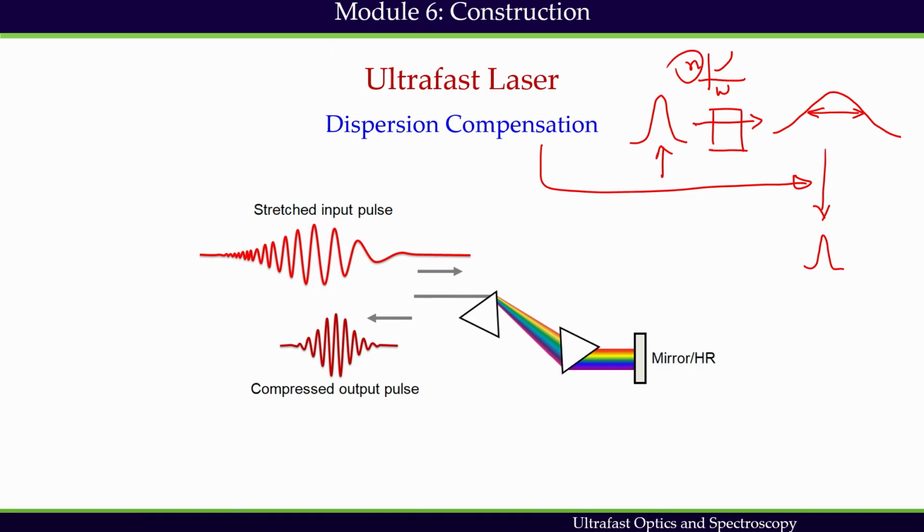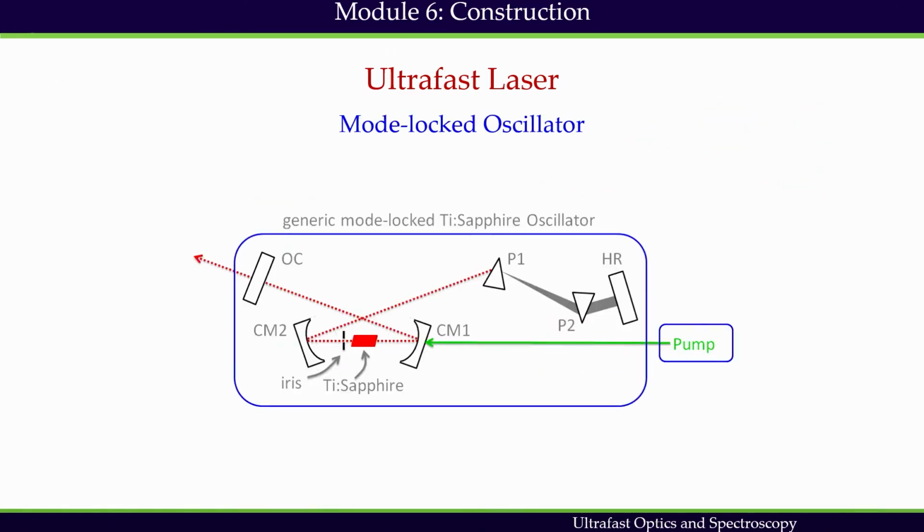And we have seen that angular dispersion given by a prism is very useful. So this is the prism pair we can use to compress a stretched pulse by introducing negative GVD. So we are done. Now we have all the optical elements which we need to construct an ultrafast laser.